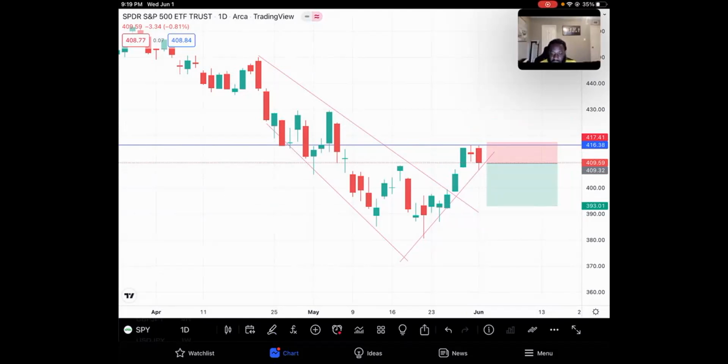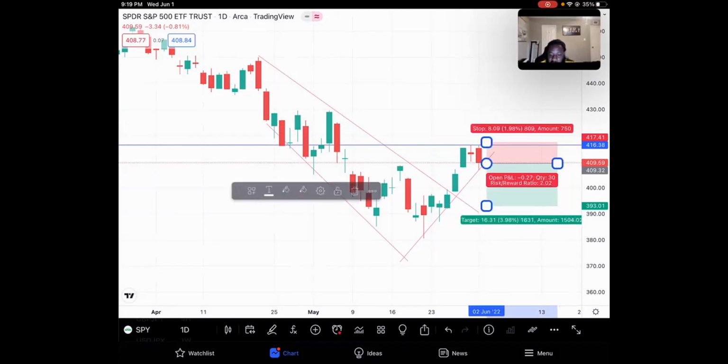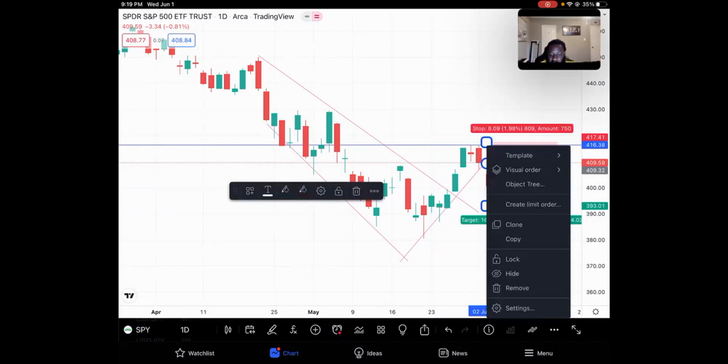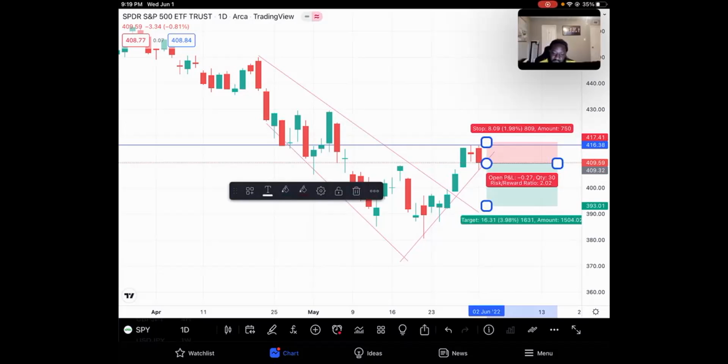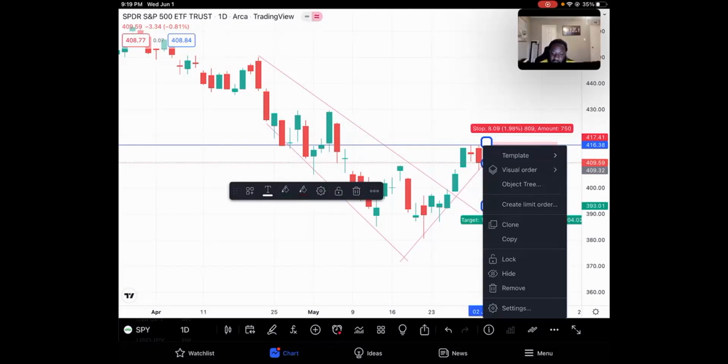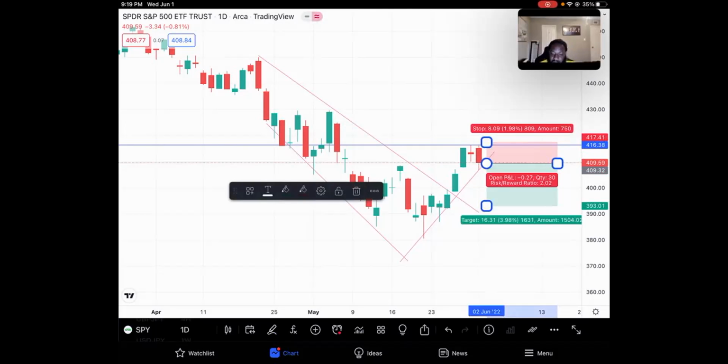Okay, all right. So now target profit. My first, shorter term target will be the bottom of the green candle with the wick on top. Yes, so the bottom of that.